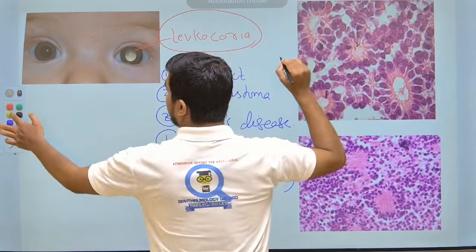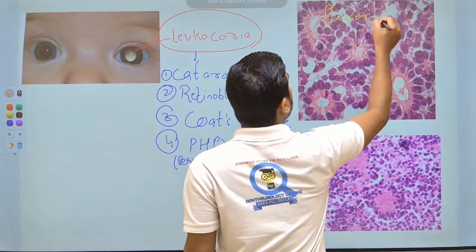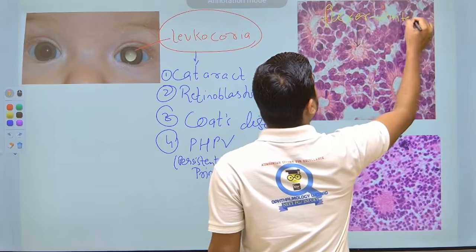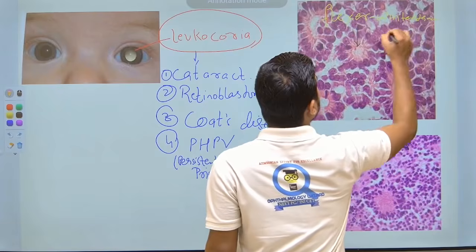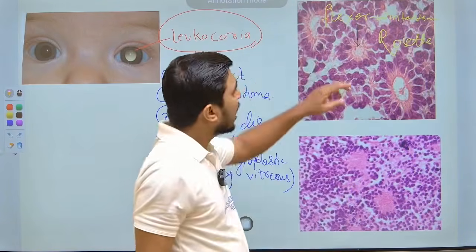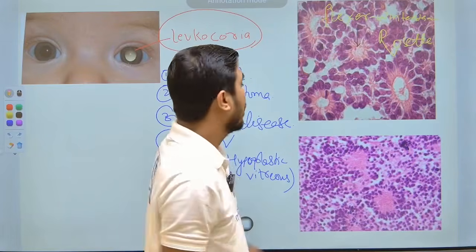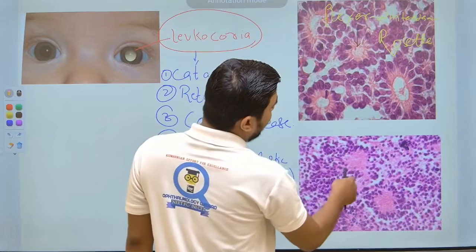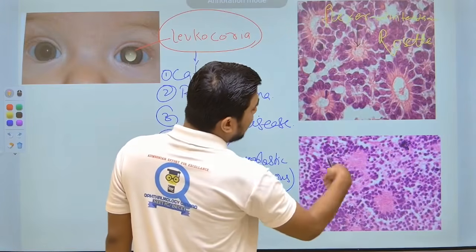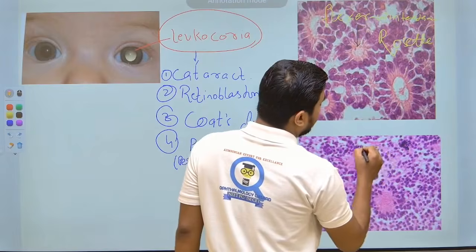the empty lumen, this is known as Flexner-Wintersteiner rosette. Remember, there is the nucleus all around with the empty lumen. Now, if there is no empty lumen but a filled lumen with the nucleus all around, this is called Homer Wright rosette.